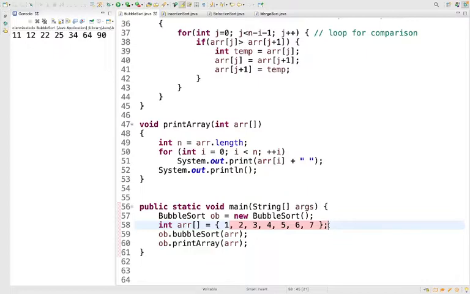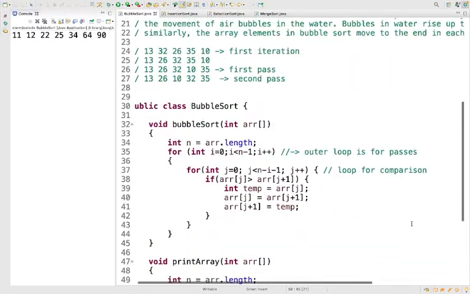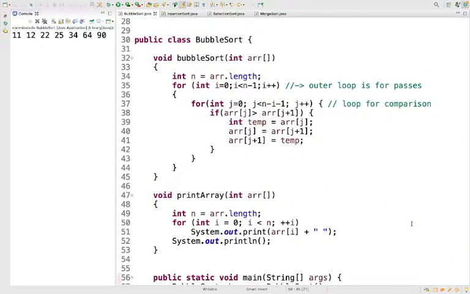These are the questions you have to keep asking while developing a sorting algorithm, and even while using one. For example, in bubble sort, we are comparing j to j plus 1 again and again, so apart from the sorted part, we keep checking.